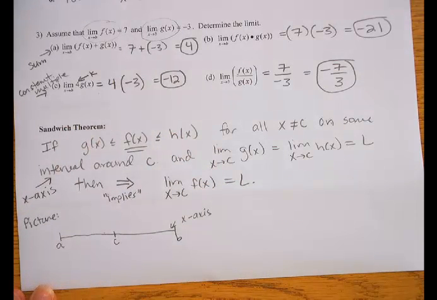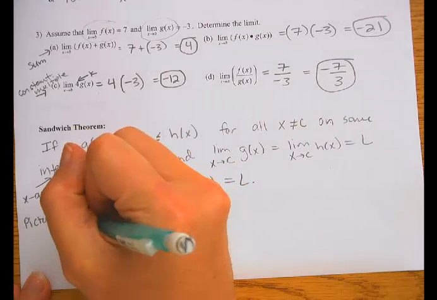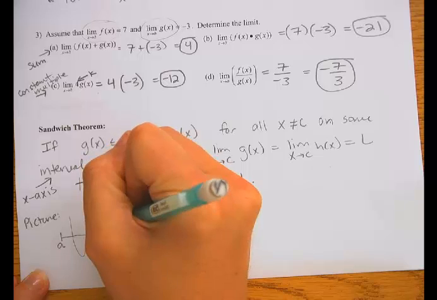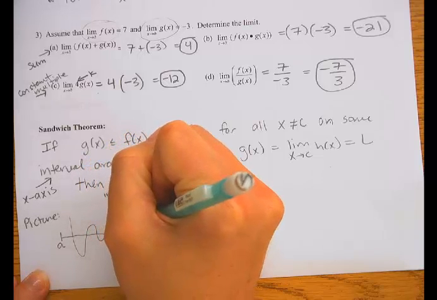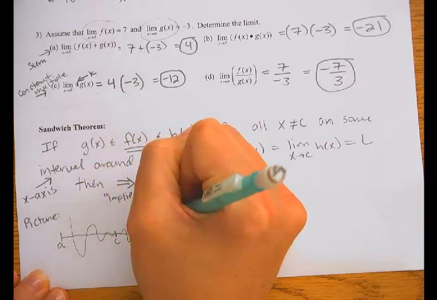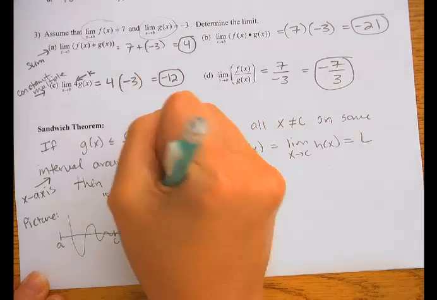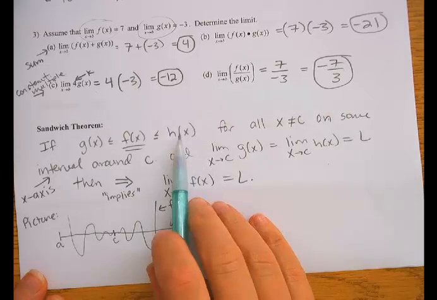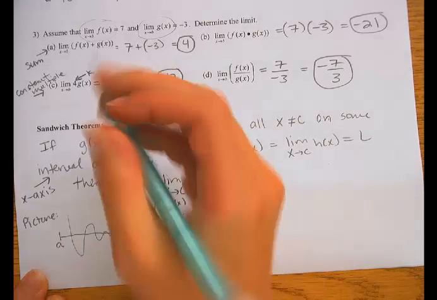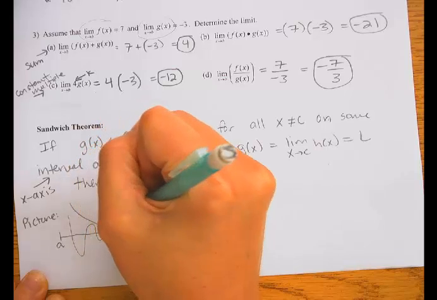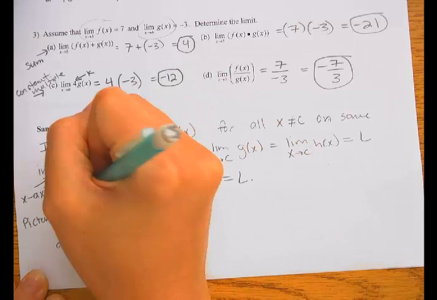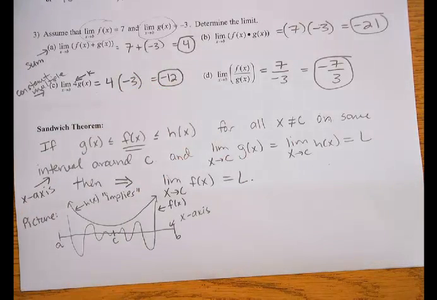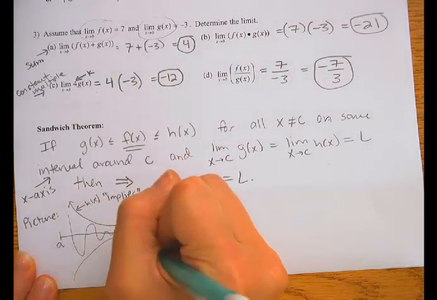So let's say that the f function kind of goes like this. That's our f of x. And let's say our h of x, the one whose values are greater than f of x, kind of goes like this. That's h of x. And then g of x looks something like this, let's say.